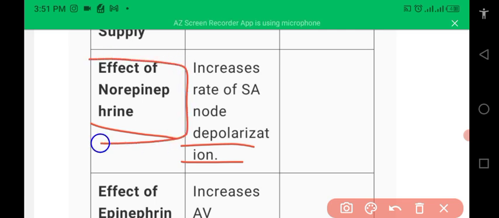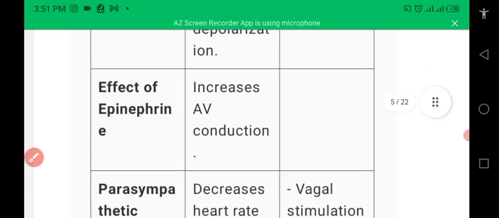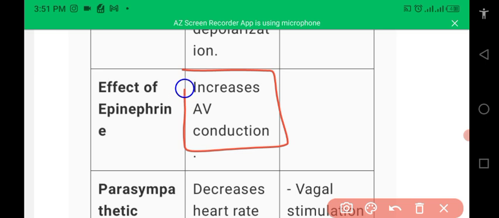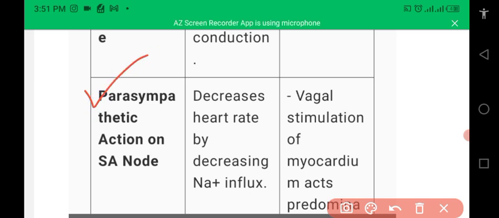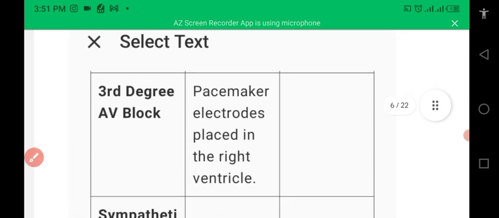Norepinephrine increases AV conduction, decreases the interval of heart rate, and increases heart rate. Parasympathetic action on the SA node is decreased heart rate, decreased sodium influx, and vagal stimulation of the myocardium.